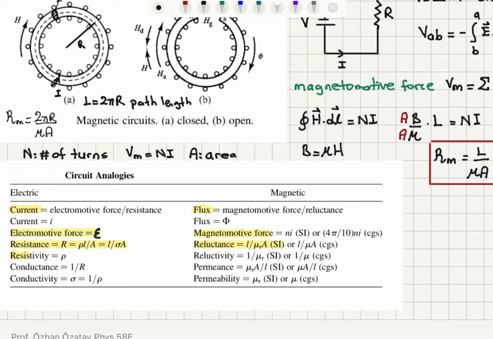The resistivity rho is analogous to reluctivity, which is 1 over mu R. Conductance is 1 over R; its analog is permeance, which is mu R times area divided by L. And conductivity sigma is analogous to permeability, mu R in SI, or mu in CGS.